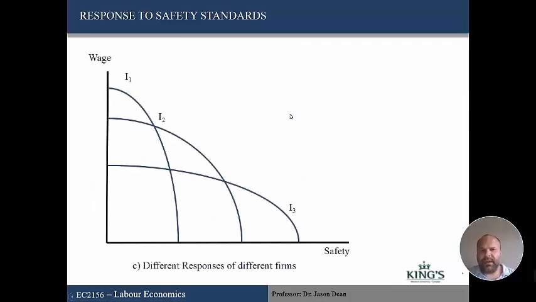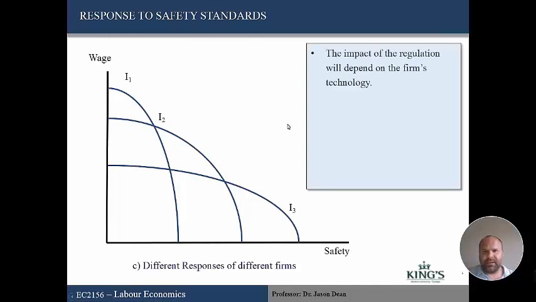So let's think about the response or the impact of a safety regulation in terms of the firms, because not all firms might be able to meet that safety regulation. So let's look at an example here. So we have firm 1. Firm 1's isoprofit curve is like this. Clearly we see that as we increase safety, it's very expensive for this firm to increase safety.